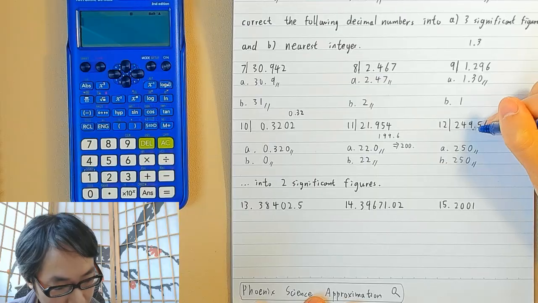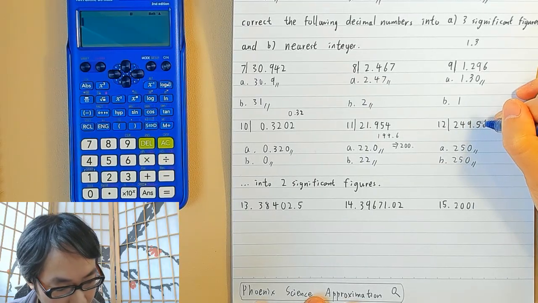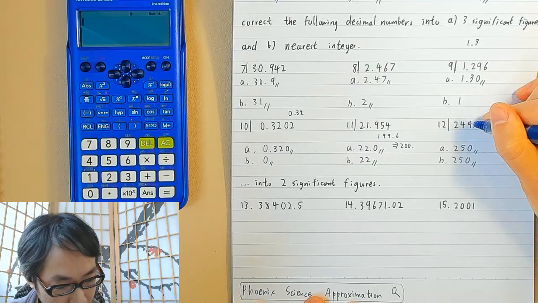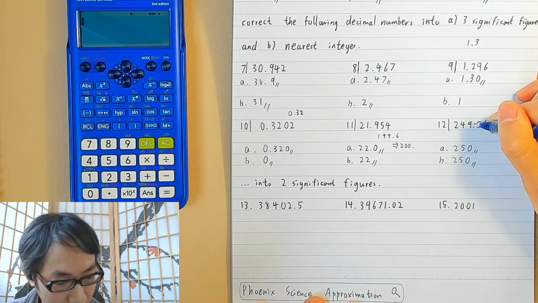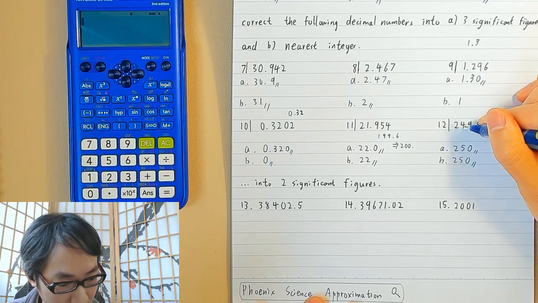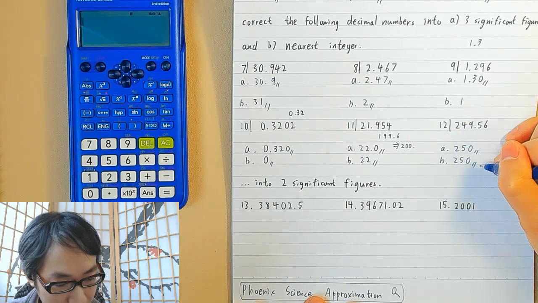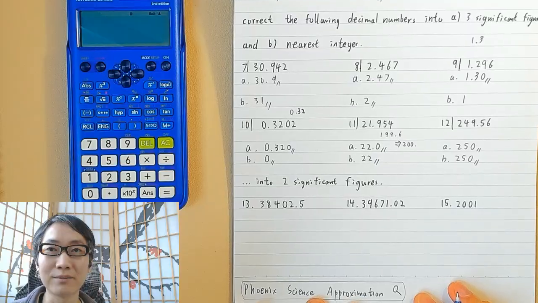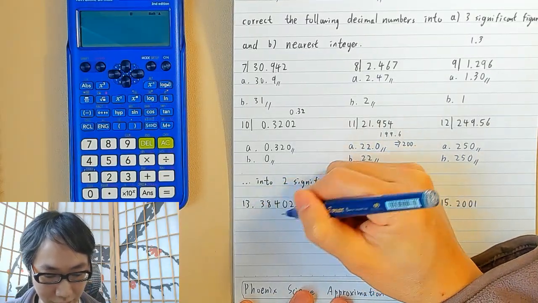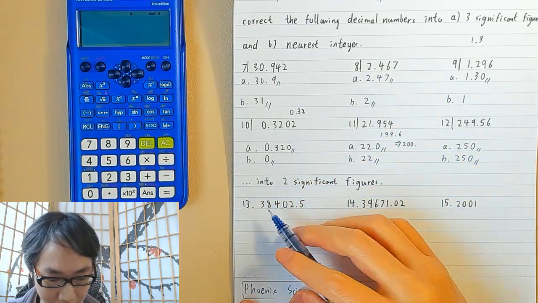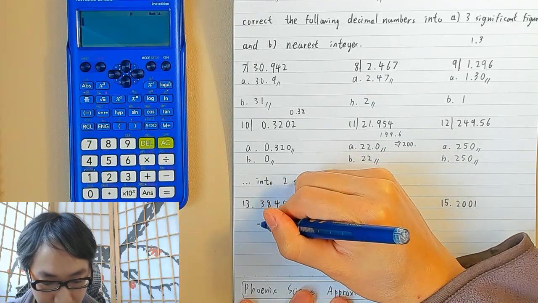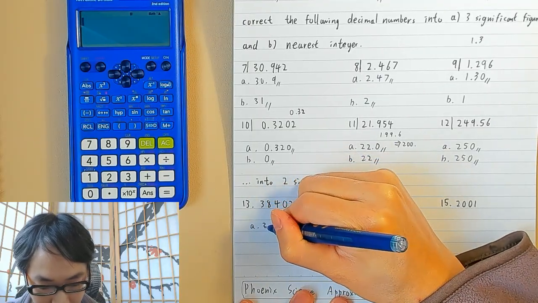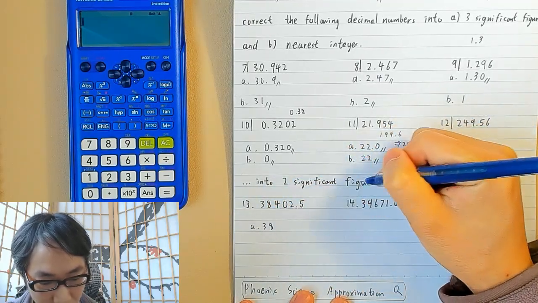The integer is here. So 5 is larger, so this 9 becomes 0. Then for 9 to increase, 4 has to become 5. Okay, and then 2 significant figures for larger numbers. This is 3, 8. So we've done our 2 figures.